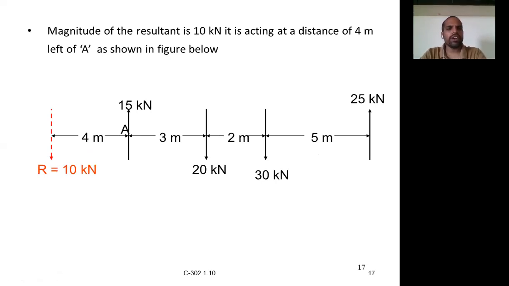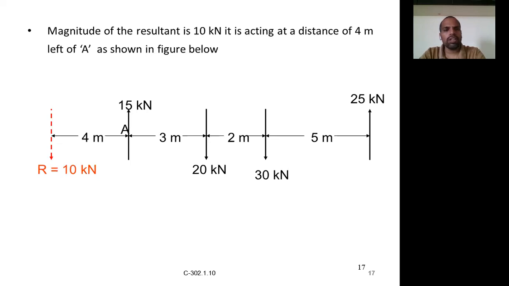Again and again we are repeating Varignon's theorem so that you can remember it easily. Varignon's theorem states that the moment of forces about a point in the same plane is equal to the moment of the resultant force about the same point.